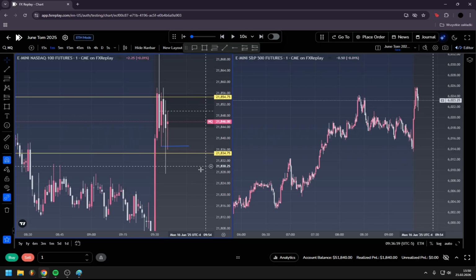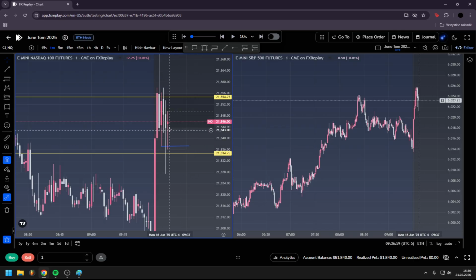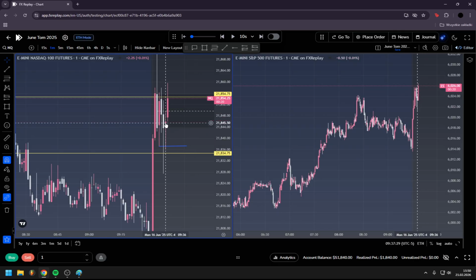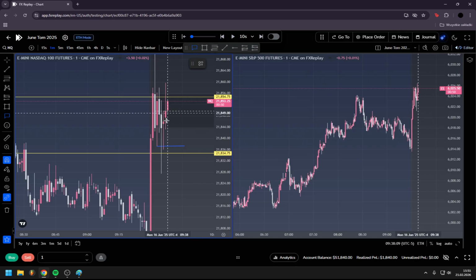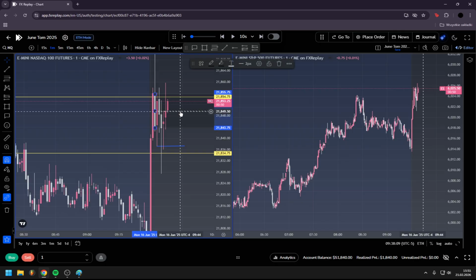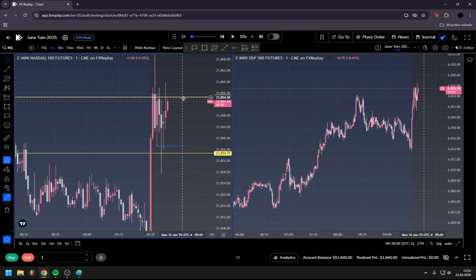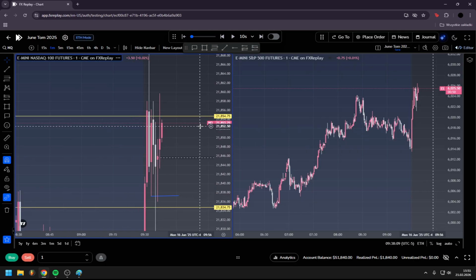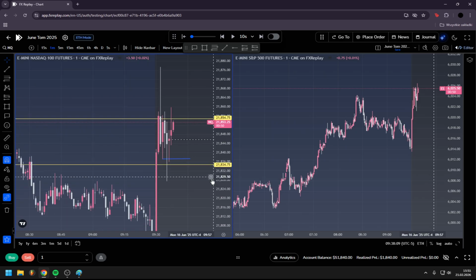This draw. Order block. What? And volume imbalance as well. Okay.